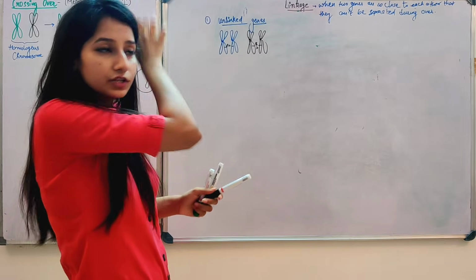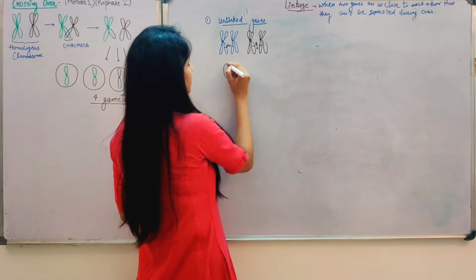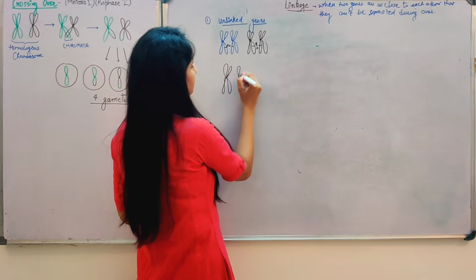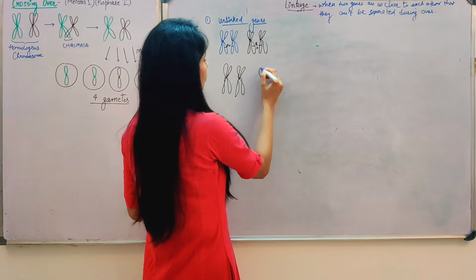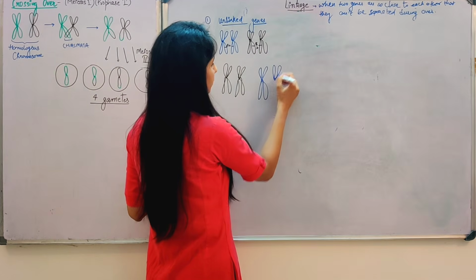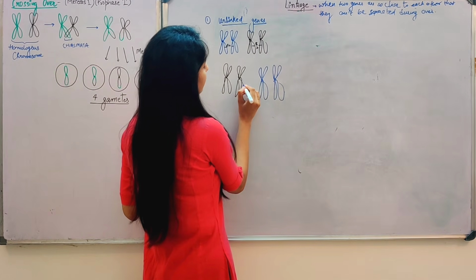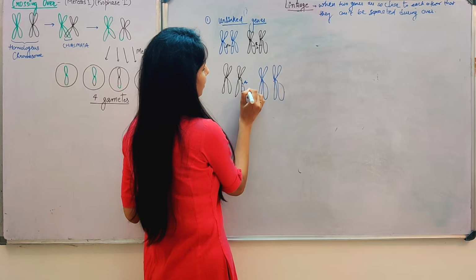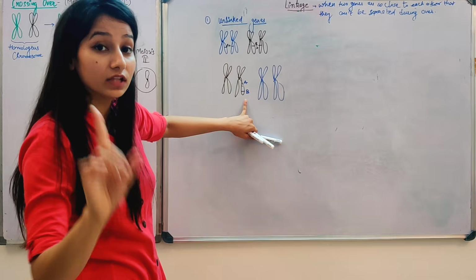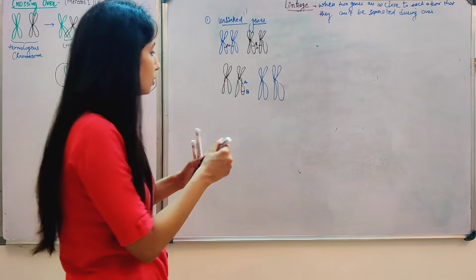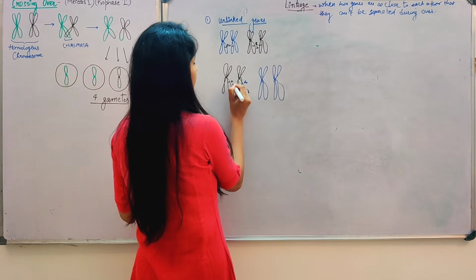This is the first condition. In the second condition, this is the first homologous pair and this is the second homologous pair. On this, A and B are present on a single chromosome, and here also A and B are present.